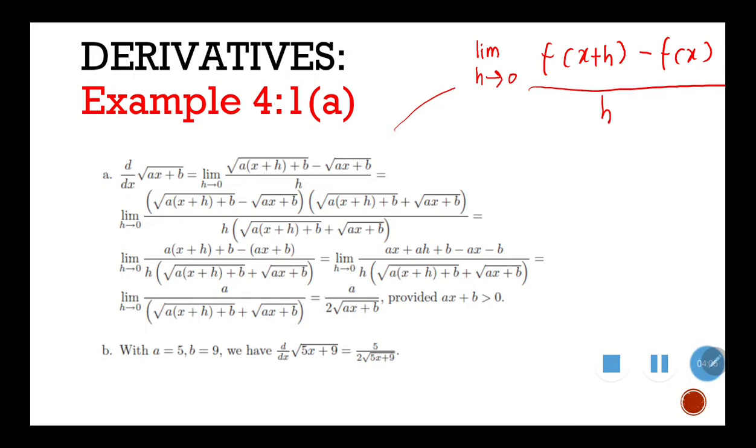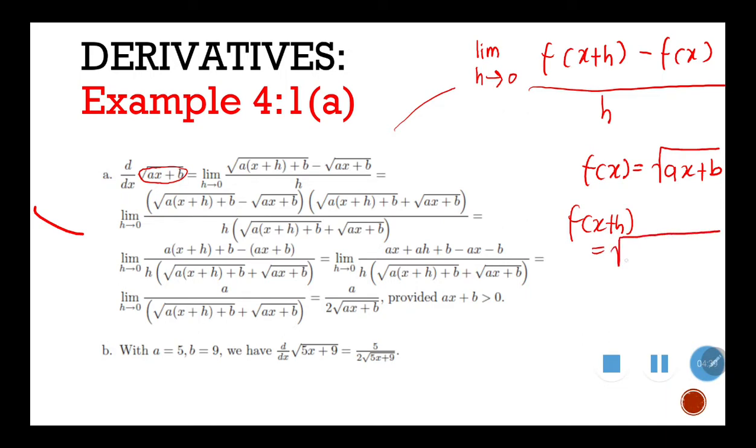So this part here, I'll write it here. f(x) is square root of ax plus b, and f(x plus h) is square root of a(x plus h) plus b.